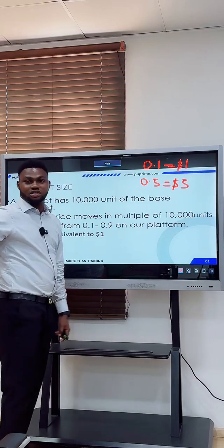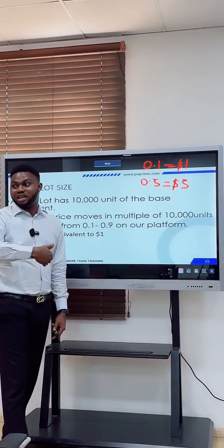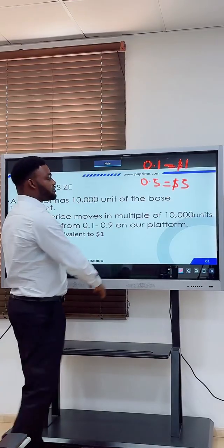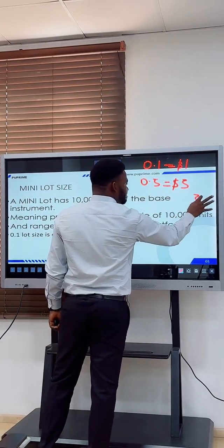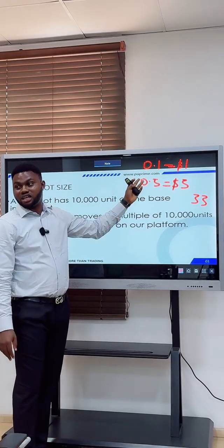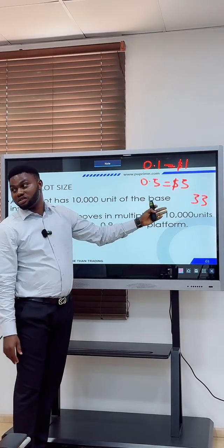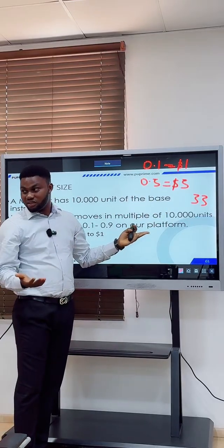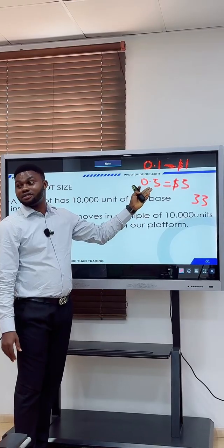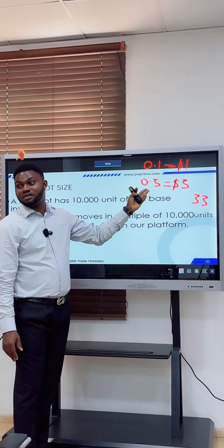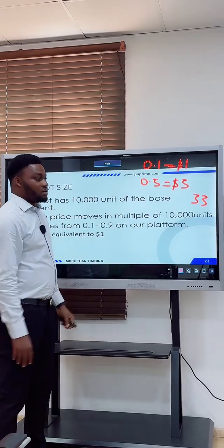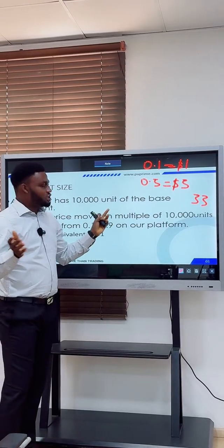So still sticking with the trade we used as the example earlier, let's say we have 33 pips movement and I use 0.1 lot size. How much have I made? I've made $33. What if I use 0.5? That's my five multiplied by 33, about $165. So that's just how we calculate it.